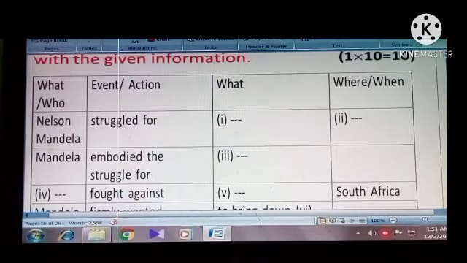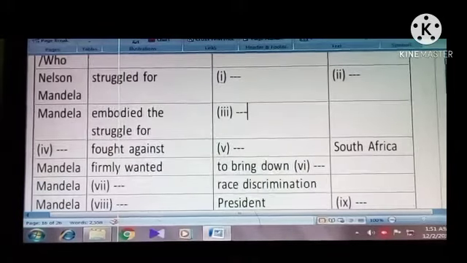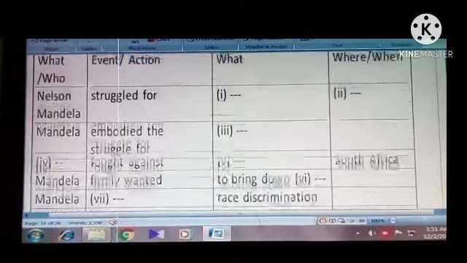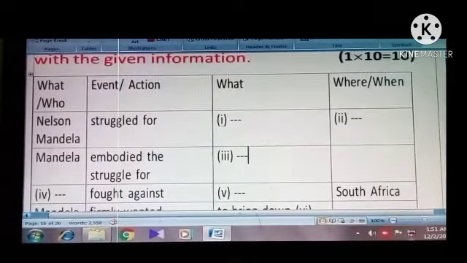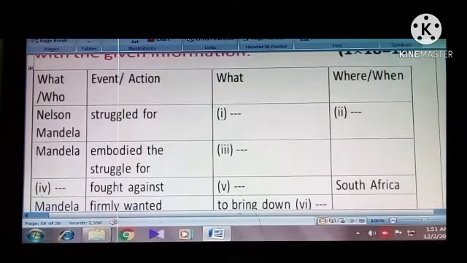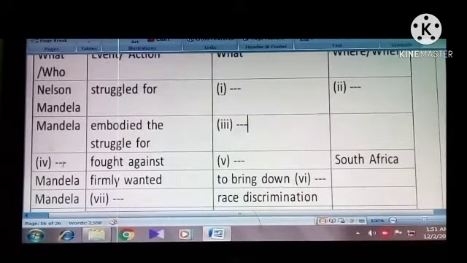Question number 4, it is in the what or who column. Number 4, what or who fought against dash what. Here the answer is the name of a person and it is Nelson Mandela.